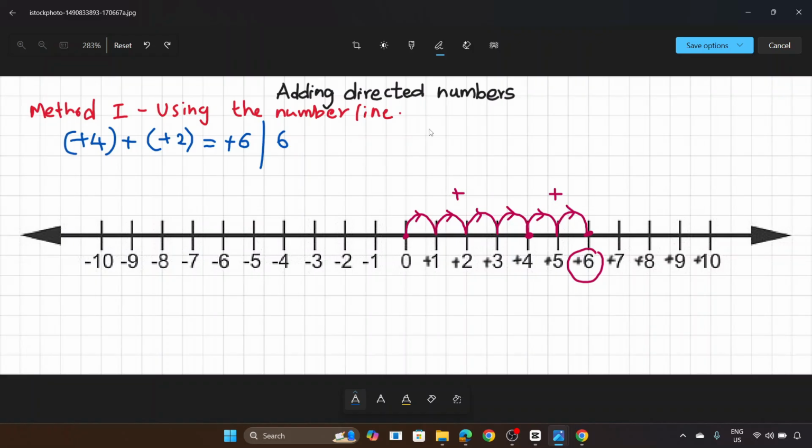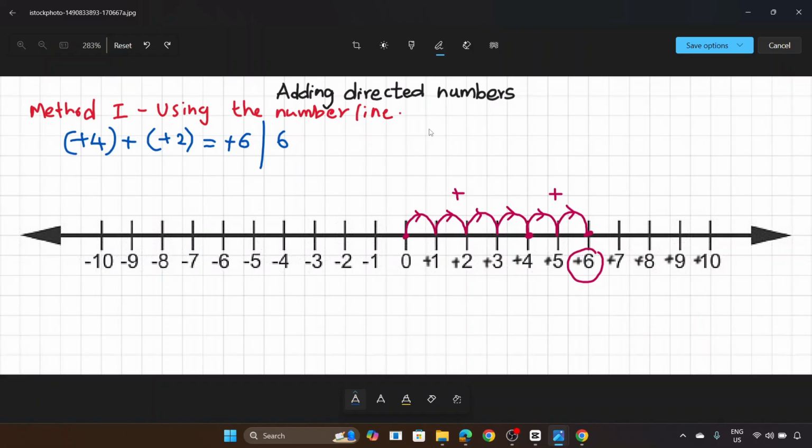It is okay to write only the number. But when we talk about negative numbers, it is a must to indicate whether it is positive or negative. You have to put the negative sign in front of the number.